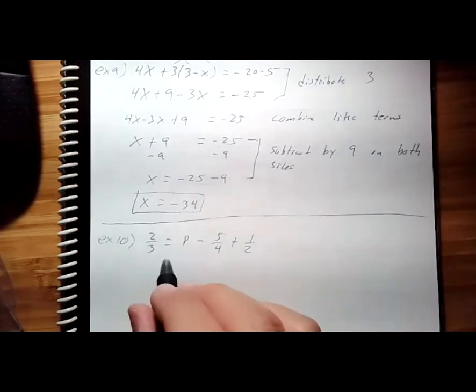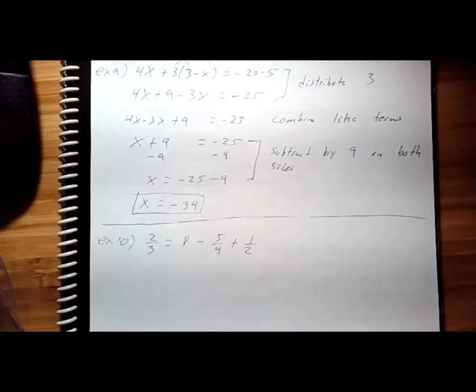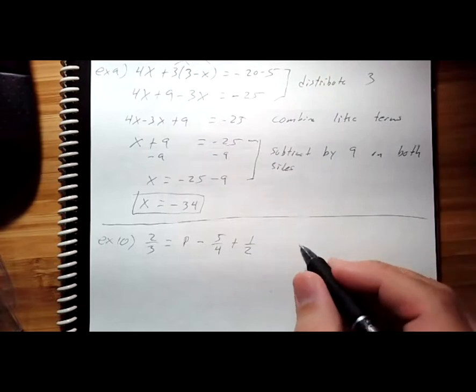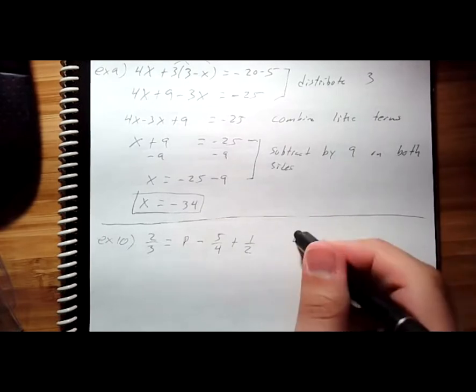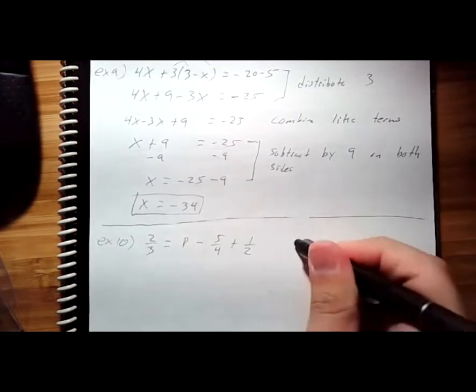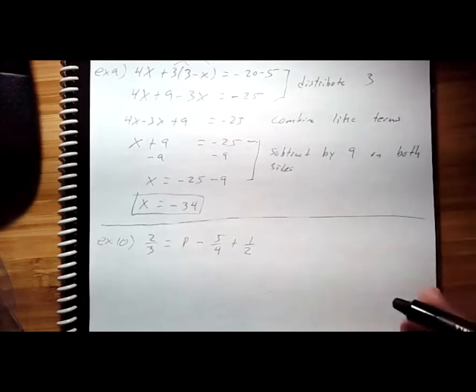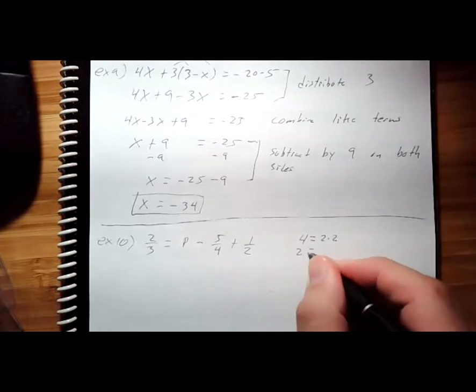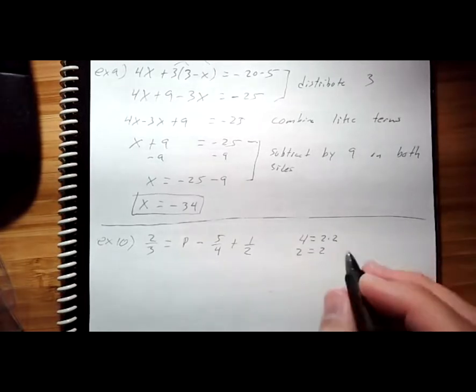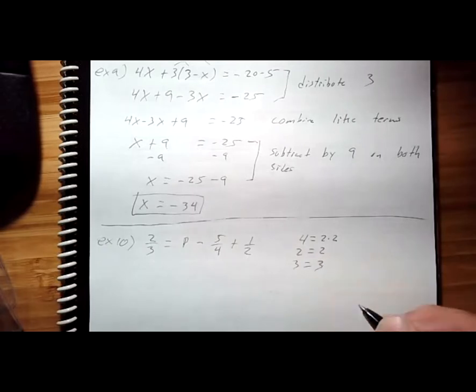So what is the LCD of 3, 4, and 2? We can cancel the fractions now. So let's break it down. 4 is 2 times 2. 2 is prime. 3 is 3.